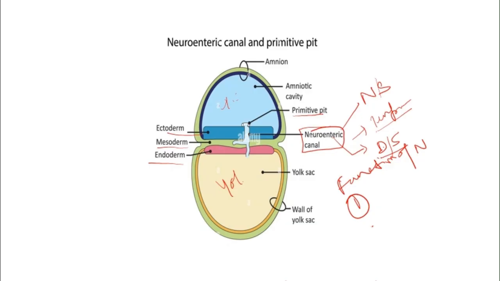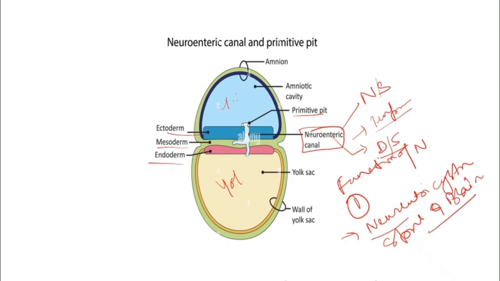But what happens if it doesn't fuse? It will lead to the formation of a neuroenteric cyst that is present in the spine and brain also, and it will lead to other malformations if it is unable to fuse later on.